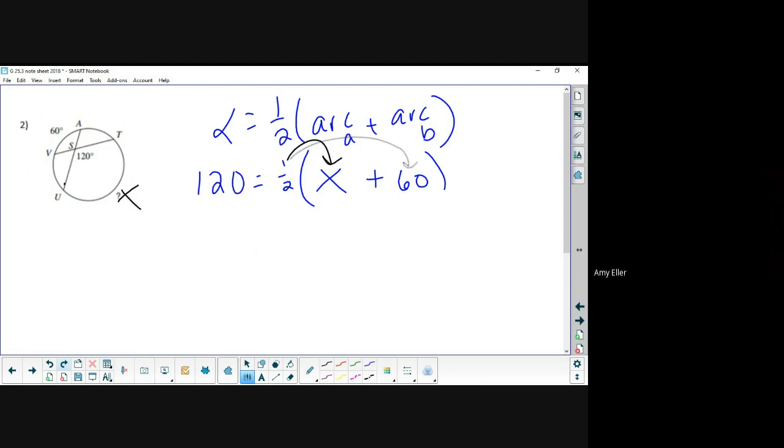So instead of distributing a half, let's get rid of the half by multiplying both sides by 2. Two times 120 is 240. We do have to solve this time because X is not by itself.